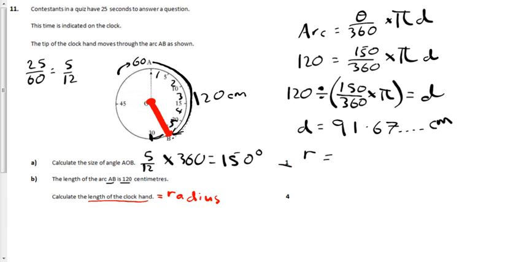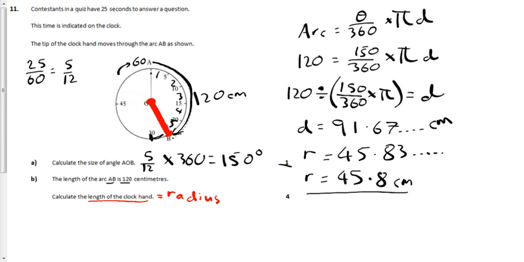So dividing by 2, 45.83, and so on. So I could round that to, now it doesn't say anything about rounding, so 1 decimal place. The radius of the clock, and thus the length of the clock hand, would be 45.8 centimetres.